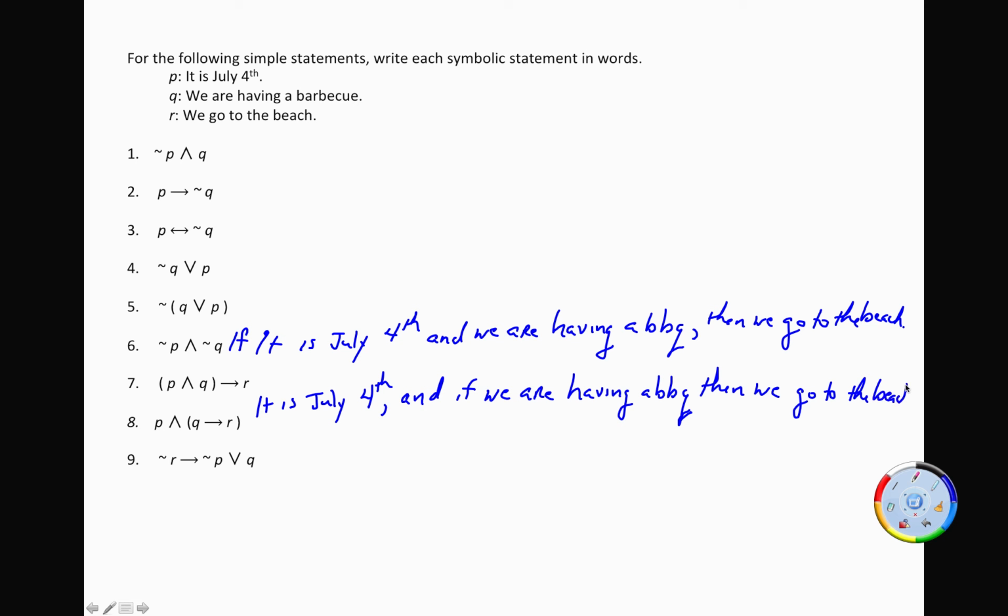So look at the difference between these two sentences and these two symbolic statements.